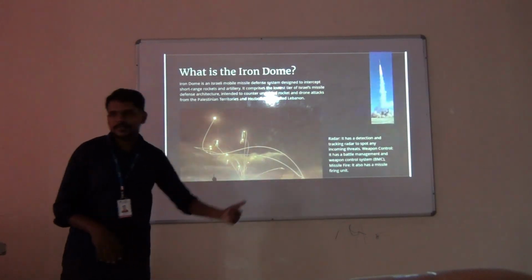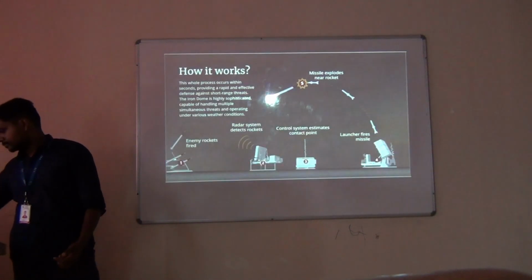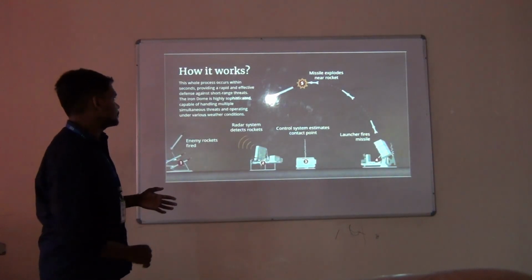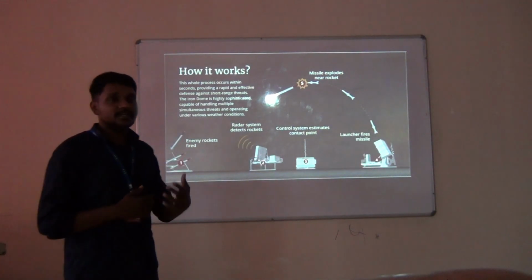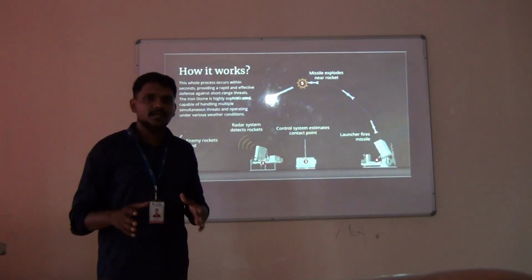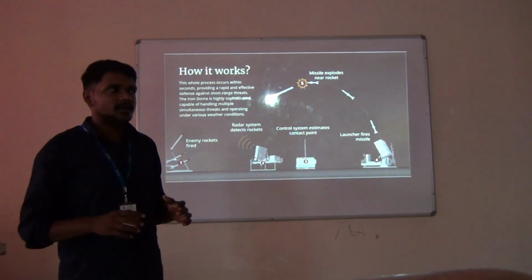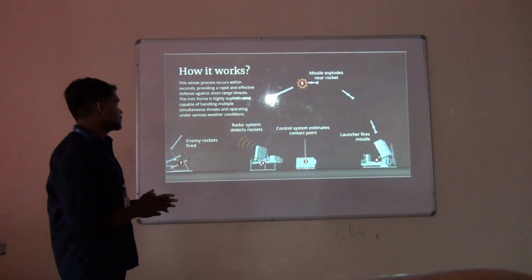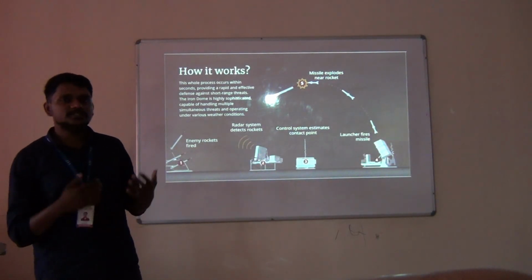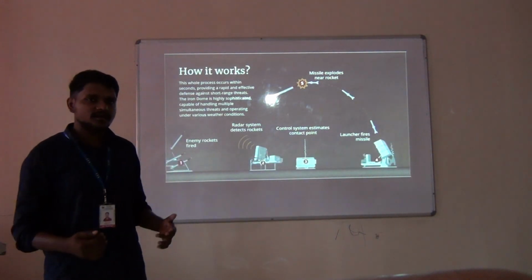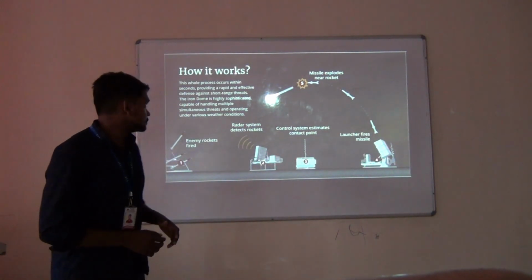So we will see the working of this Iron Dome now. It's a very simple thing which we can discuss now, but actually the real competition and the real backbone is completely unknown to most people. Even India is requesting Israel to provide this technology to safeguard from enemy nations.